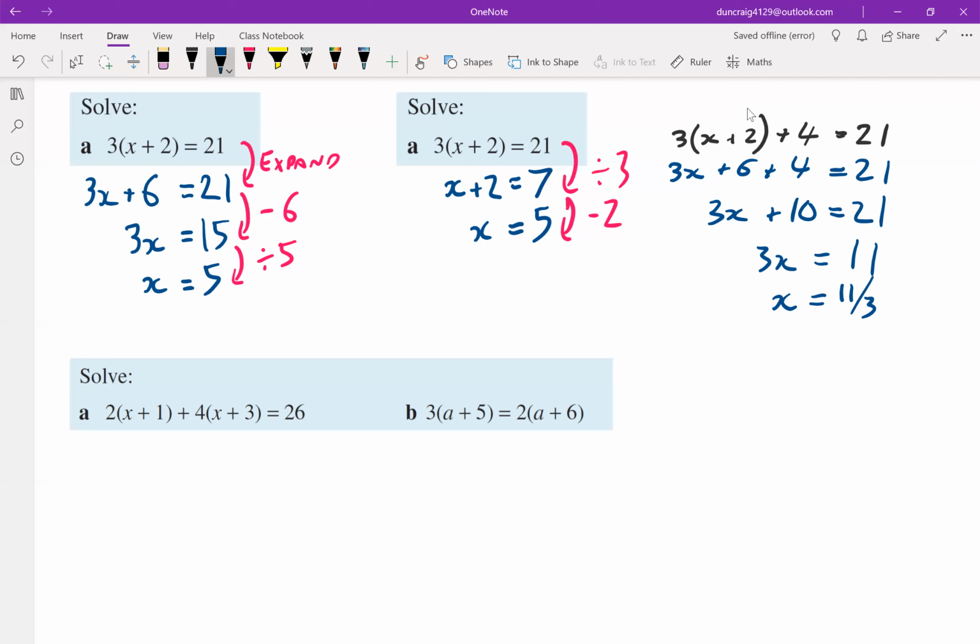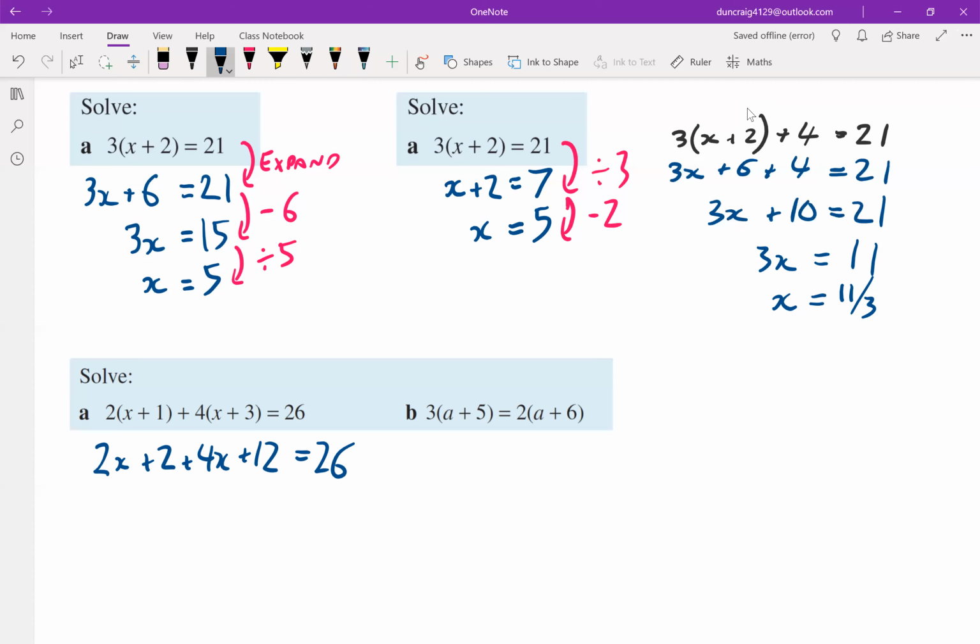That leads us into these next ones where we've got double brackets, pretty much the same as that last example. I would expand everything first up, because if I divided everything by 2, there'd still be a 2 out there. So here I get 2x plus 2 plus 4x plus 12 is equal to 26.